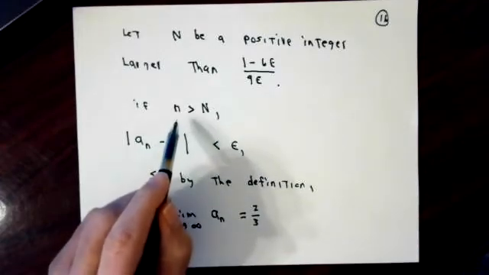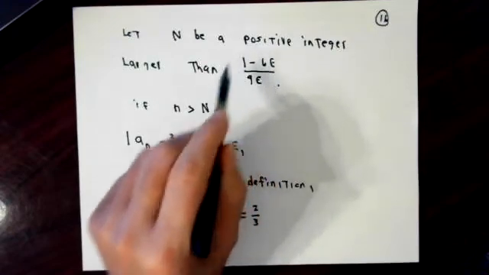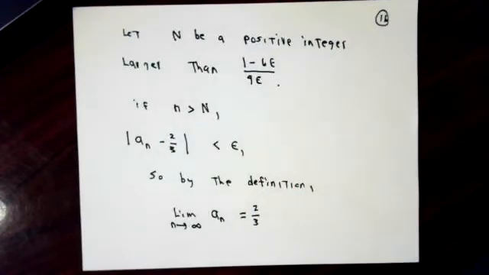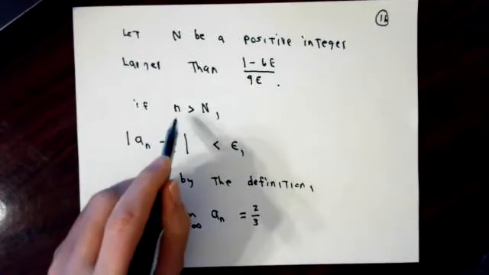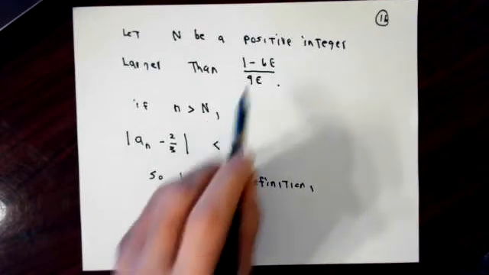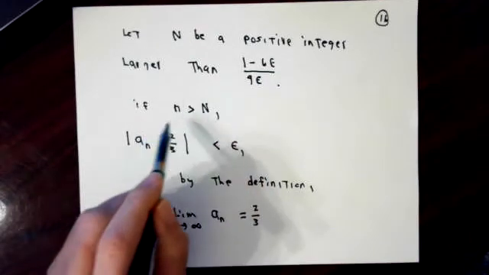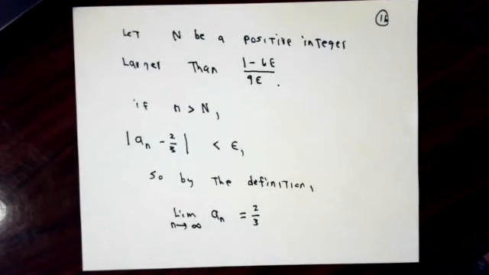If little n is bigger than that capital N, then little n will be bigger than that number, and absolute value of a n minus 2/3 less than epsilon will be true.